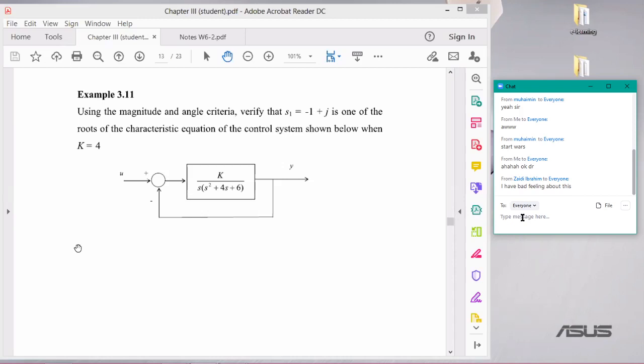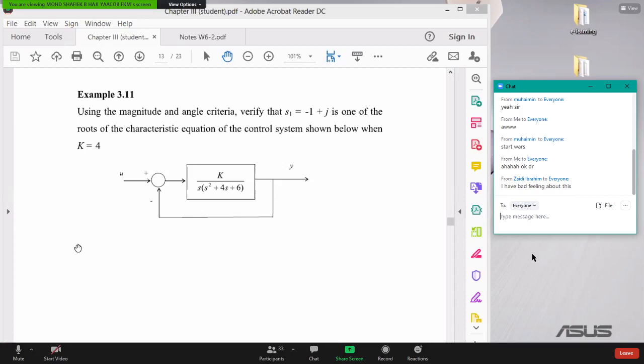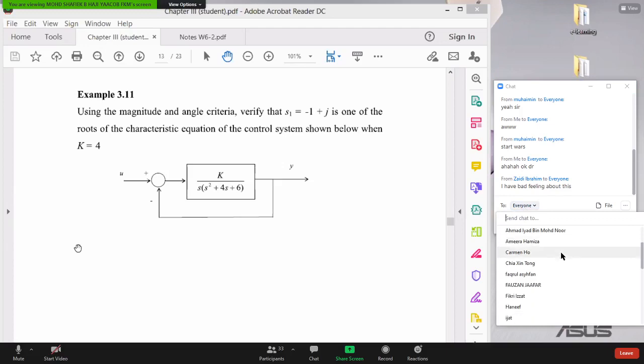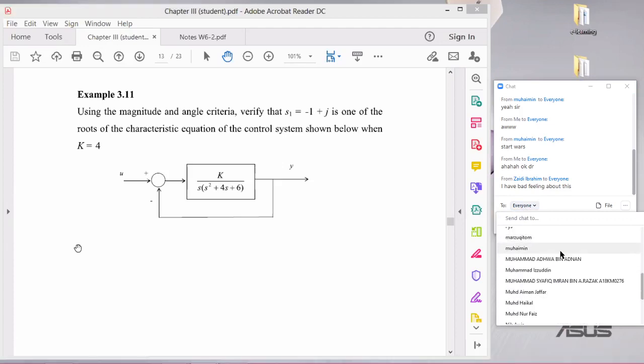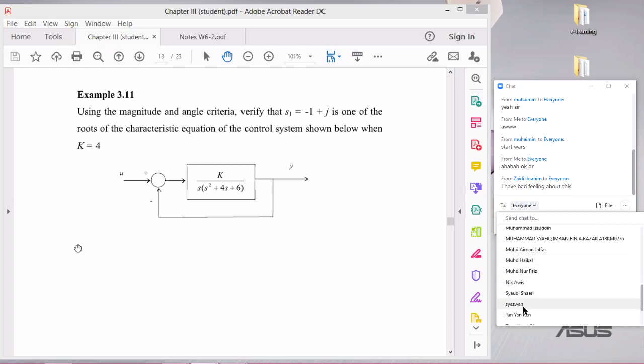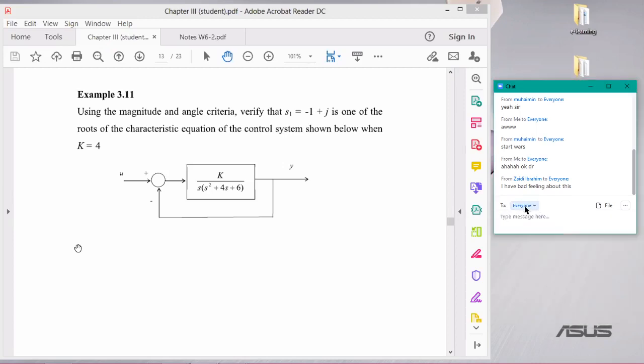Okay, so today is a very important class. You need to bear with me. If you only want to learn one topic, this root locus interpretation is the one that I suggest. You're going to earn a lot of marks by learning how to draw this root locus diagram and make interpretation of it.